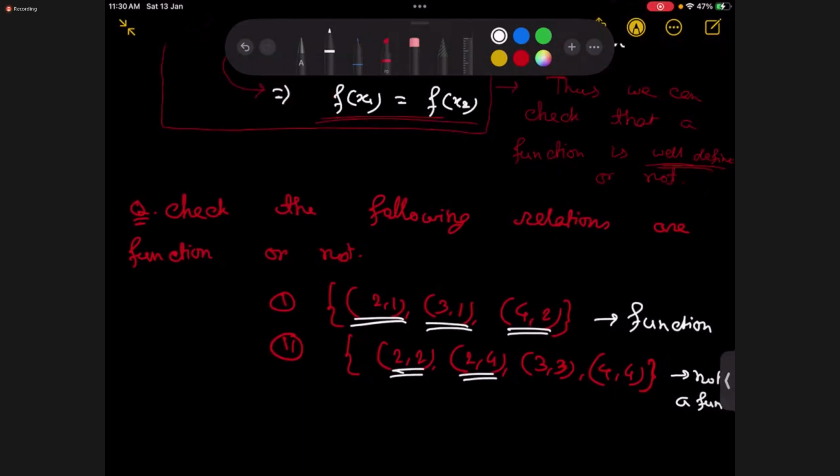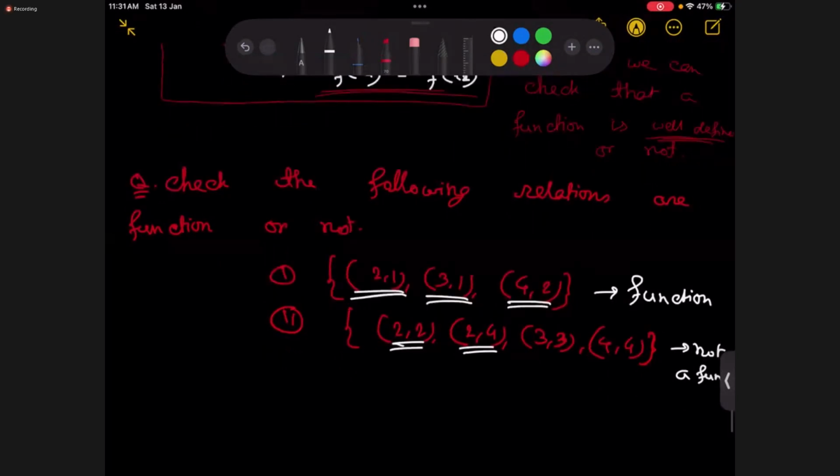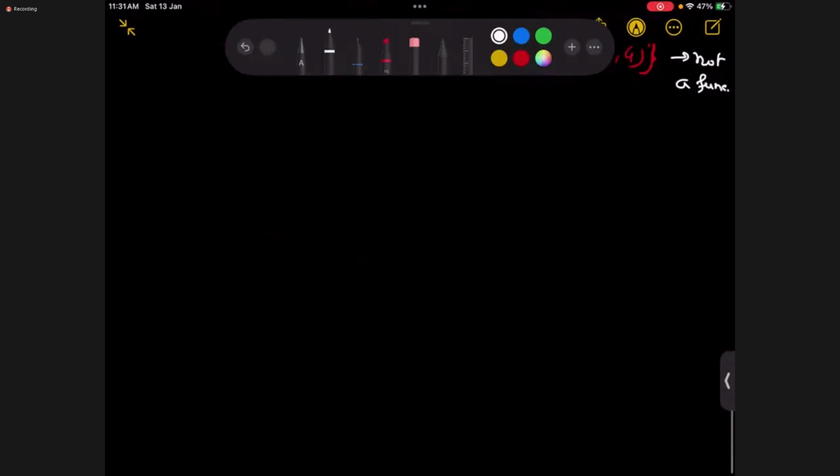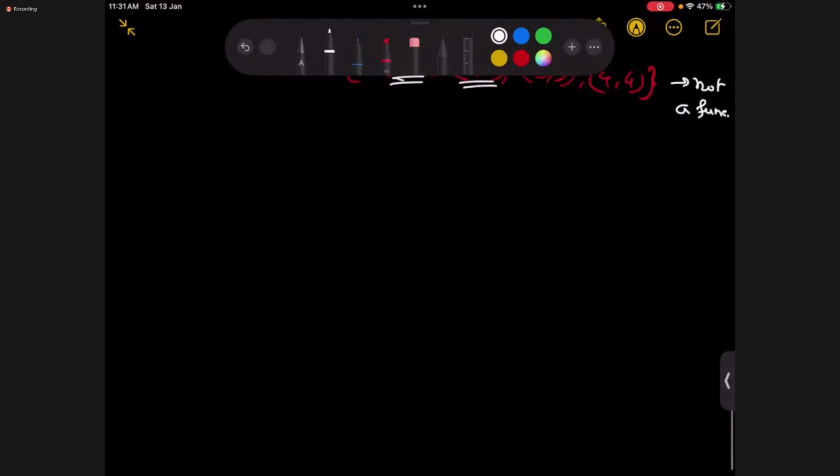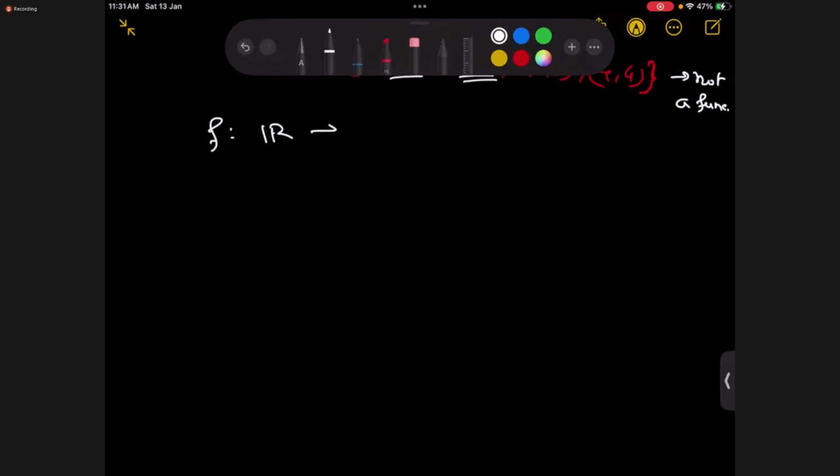Now we can define how I can draw a graph of a function. Let us start with an example. Let us define f from R to R such that f(x) equals 2x.